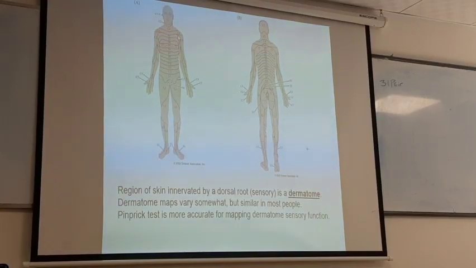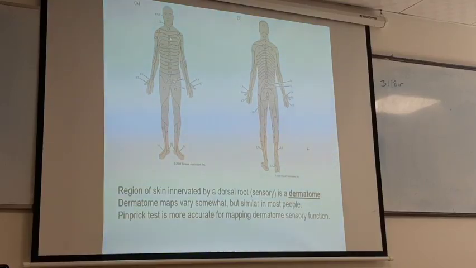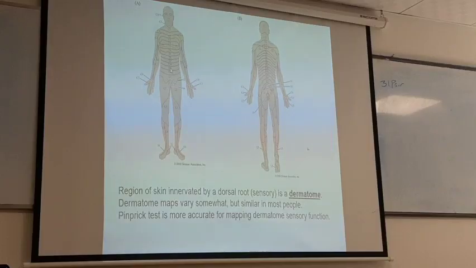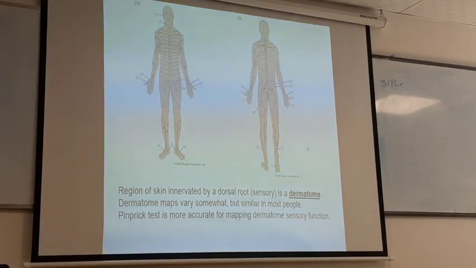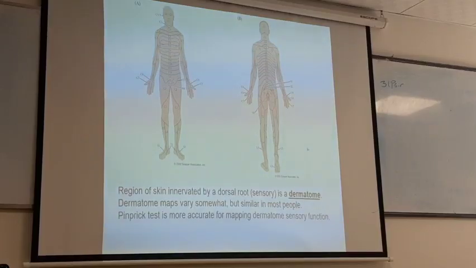This is named dermatome. This nerve, C4, T2, T3. All of the body has dermatomes. This is only for sensation. For example, C1 to C4.